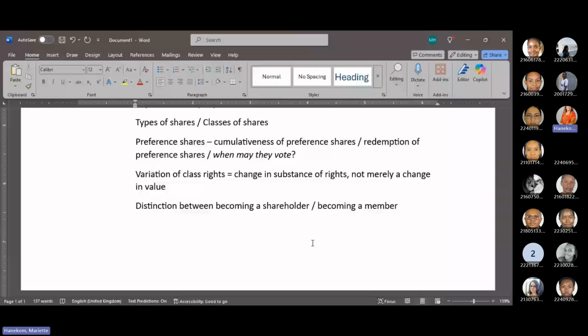You cannot be a member of a company with a shareholding without also being a shareholder. Once you have agreed to become a shareholder, once you've acquired shares, that immediately means you have agreed to become a member and have your name entered in the register of members. You cannot have the one without the other.